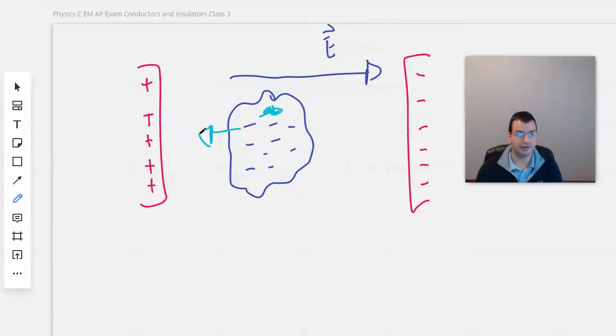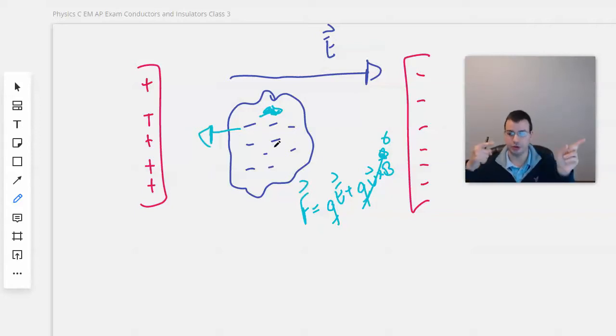So we have the electric force, F equals QE plus QV cross B. We haven't discussed magnetic fields yet, but we're going to assume that this is 0 for this. We have an electric field, and so we're going to have a pull towards the positive side, away from the electric field, if we have negative charges, net negative charge on this object.